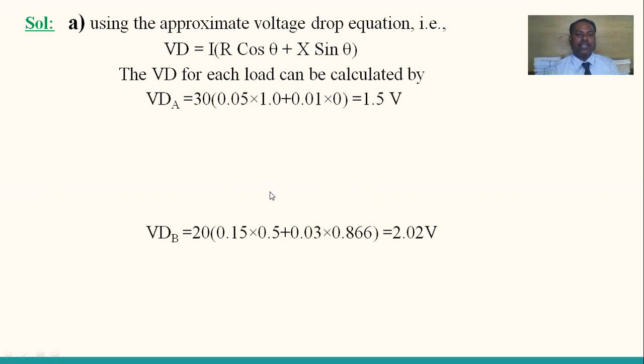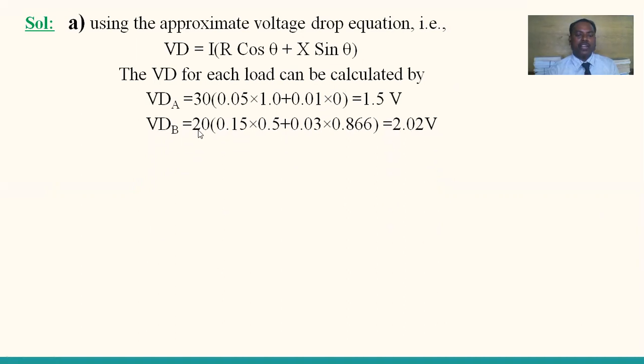Similarly, at load point B, the current diverted is 20 amperes, and it should be multiplied with the total impedance. You add the cumulative impedance, the first section plus the second section.